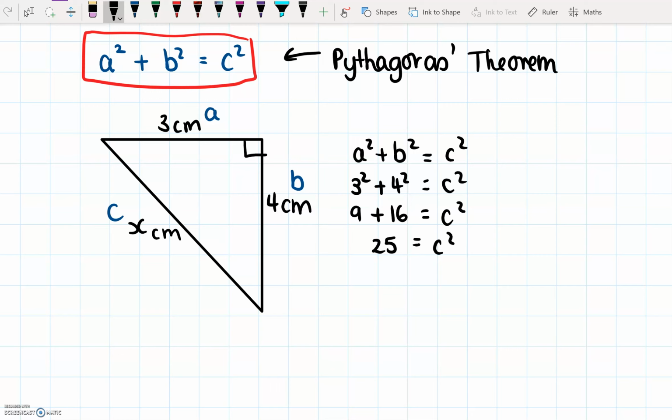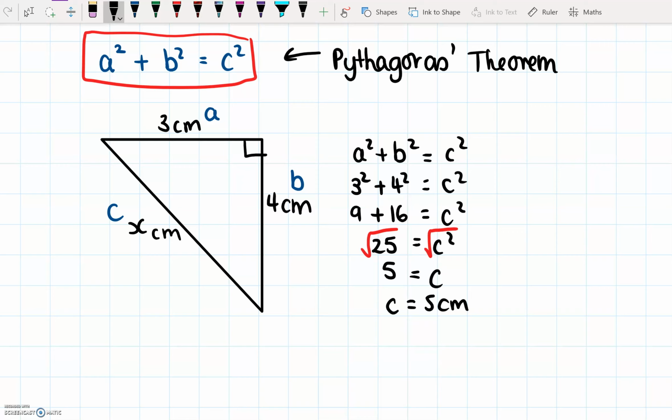Now we want to get C by itself, not C squared. To do that, we need to take the square root of both sides. The square root of C squared is C, and the square root of 25 is 5. So C is equal to 5 centimeters. And this is all we need to do to calculate the hypotenuse in a triangle.